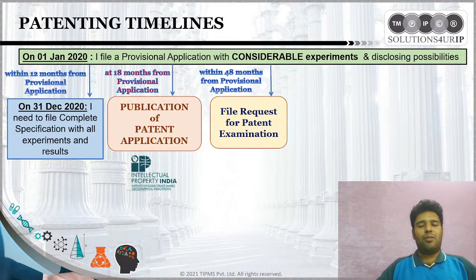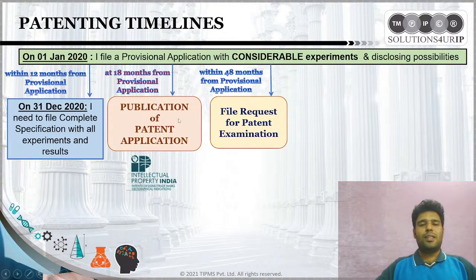That way, you became eligible to get a grant of the patent comparatively earlier than the general course. Instead of making these events happen separately at different time intervals, at 12 months, at 18 months, within 48 months, you do all of them together.